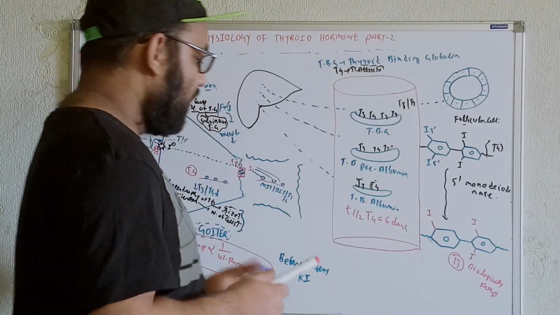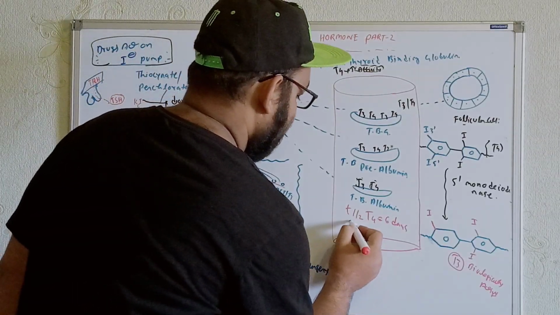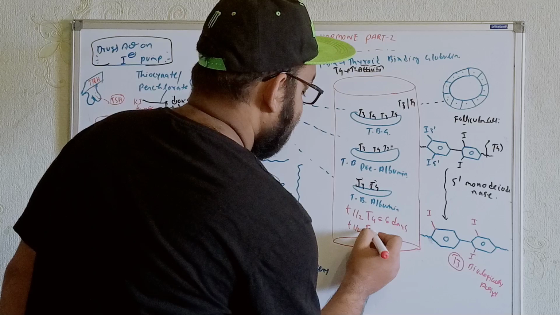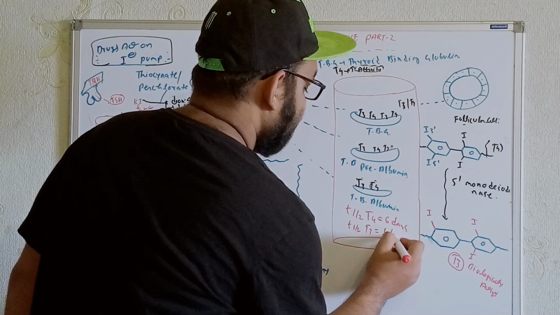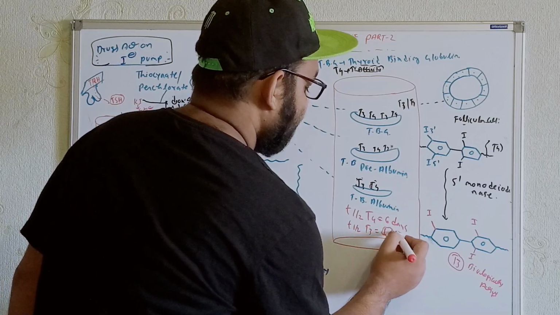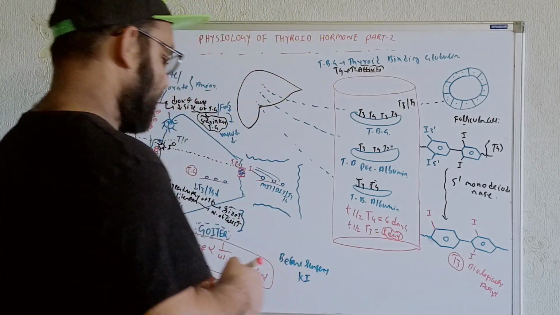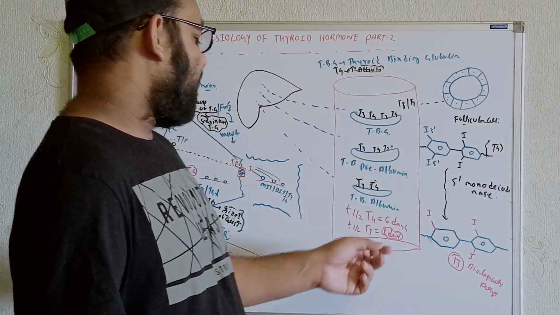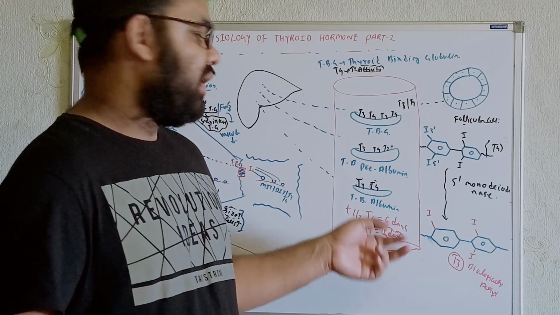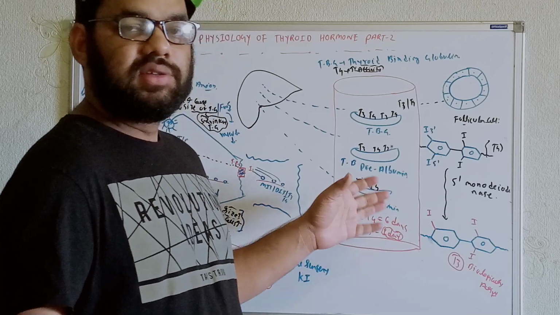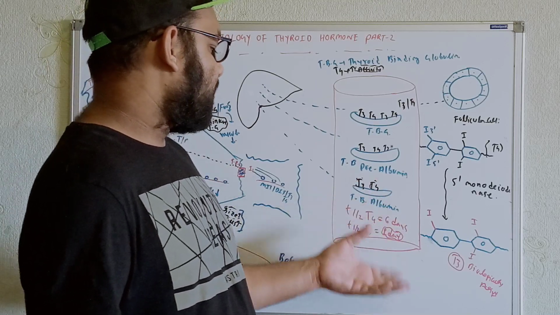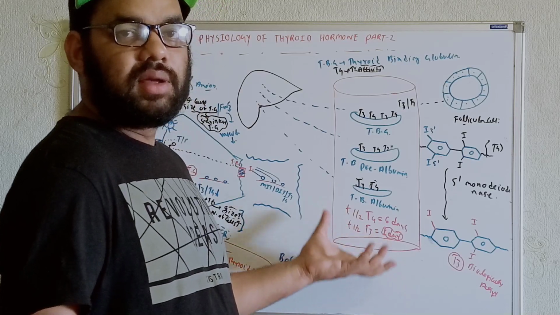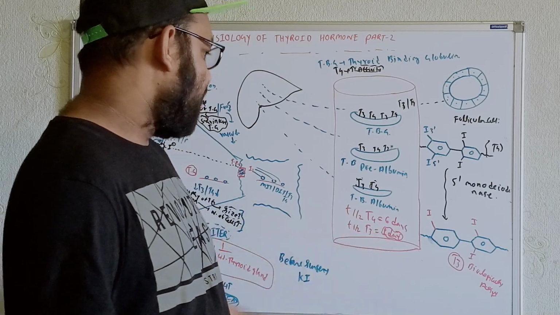But what about the half-life of T3? The half-life of T3 is around 1 day. So it comes and has rapid actions. So the half-life for T3 is 1 day, and for T4 it is around 6 days. This is what we get in terms of actions, that means in terms of the duration within the circulation.